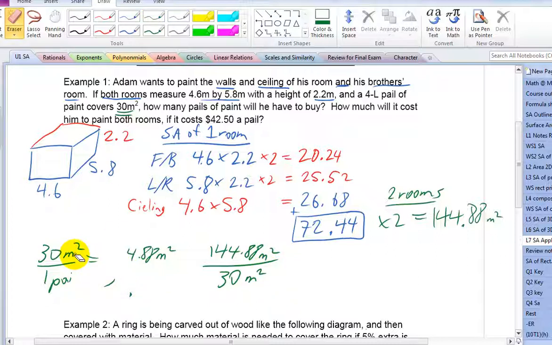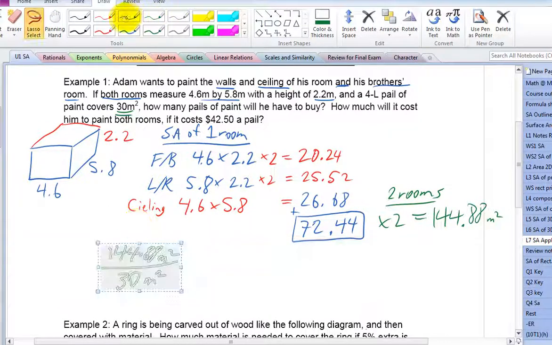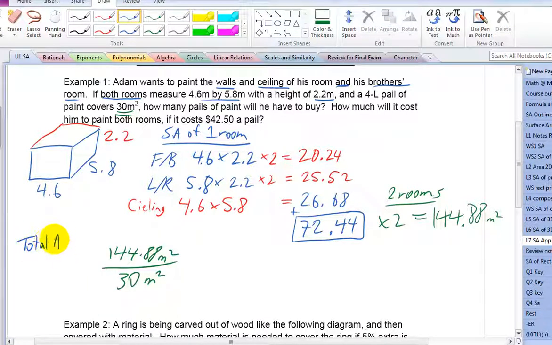So pick up your pencils. Please write that down. We're going to take the total area and divide it, that's a dividing line, by the area covered per pail.